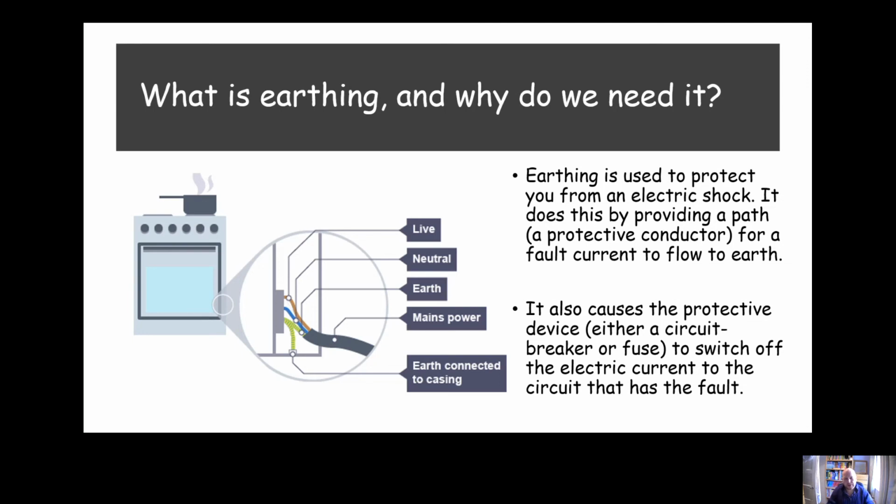It's much easier for the electricity to flow through the earth wire than through a person. If it didn't have an earth wire connected to it, then if an individual touched it, that person would receive an electric shock.